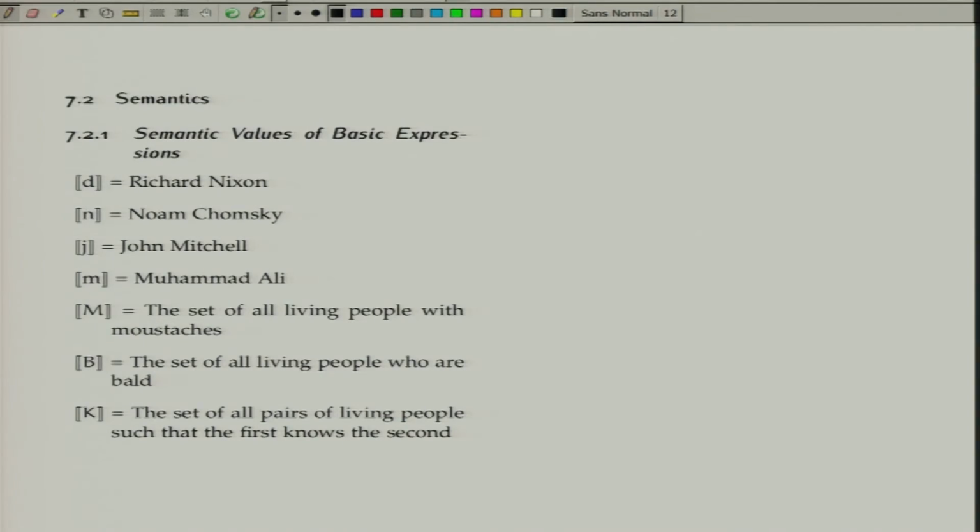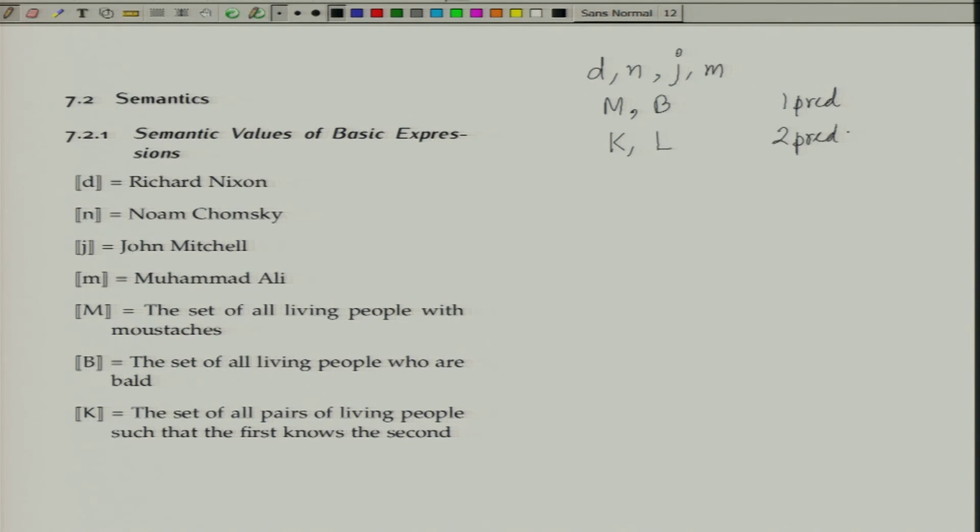Now, we go to the semantics of L0. We have seen that L0 has these basic expressions. It has D, N, J, M. These are names, and we remember that it has two one-place predicates, and it has K and L that are two-place predicates.